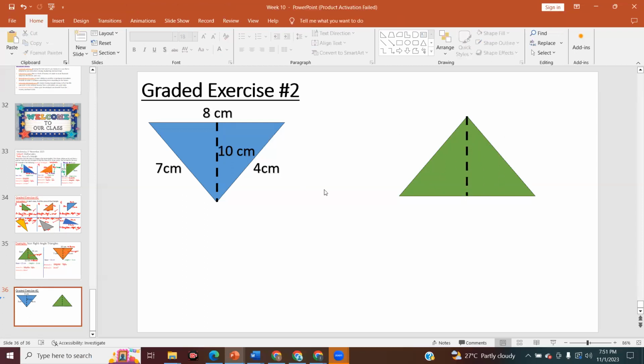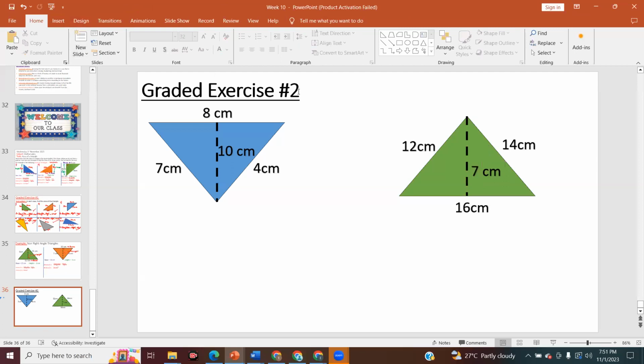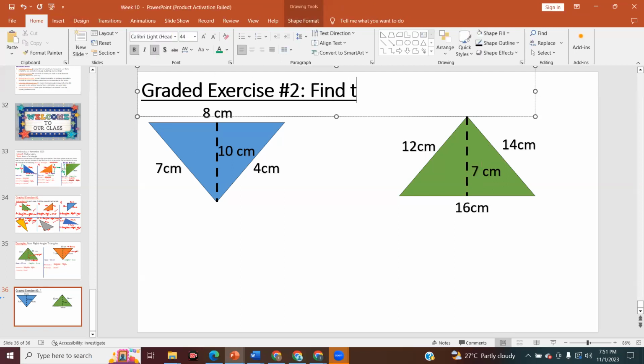So find the area. And that's what we're gonna do.